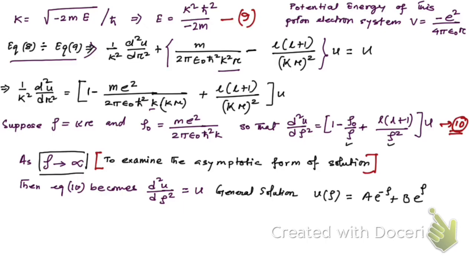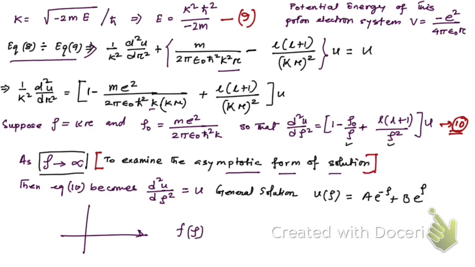So now you see, asymptotic behavior, here I have written to examine the asymptotic form of solution. So what do you mean by asymptotic? If you have a function and you draw its graph, suppose let me consider here a function of rho.